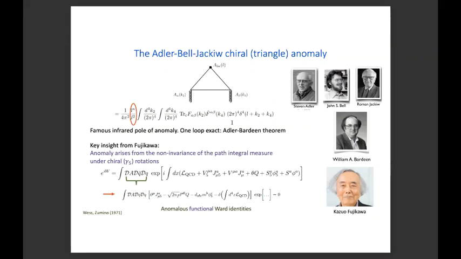And you can write this in terms of the Wess-Zumino action in the following way. You can add arbitrary axial vector, vector, theta terms, scalar and pseudoscalar sources and fields. And by taking functional derivatives of these, you can write down the anomaly equation as a functional equation. And these are nothing but the anomalous functional Ward identities.